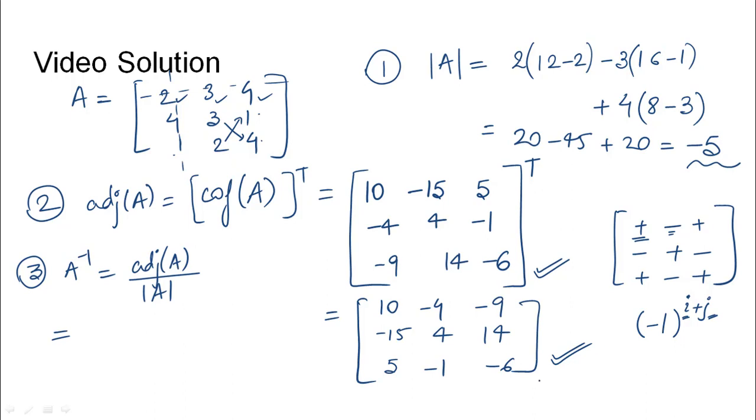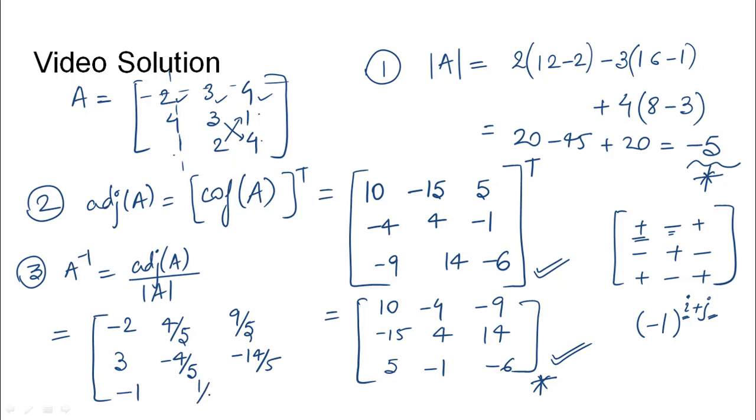We know the determinant as minus 5, computed in the first step. Dividing each element of the adjoint matrix by minus 5, we get the inverse as minus 2, 4 over 5, 9 over 5, 3, minus 4 by 5, minus 14 by 5, minus 1, 1 over 5, and 6 by 5.